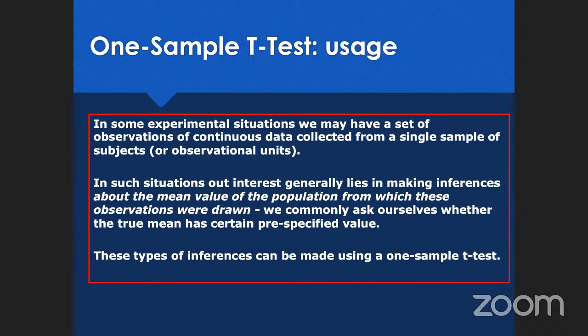In such situations, our interest can generally lie in making an inference about the mean value of the population from which these observations were drawn. So we can commonly ask ourselves whether the true mean has a certain pre-specified value or not, as this type of inference can be made using a one-sample t-test.